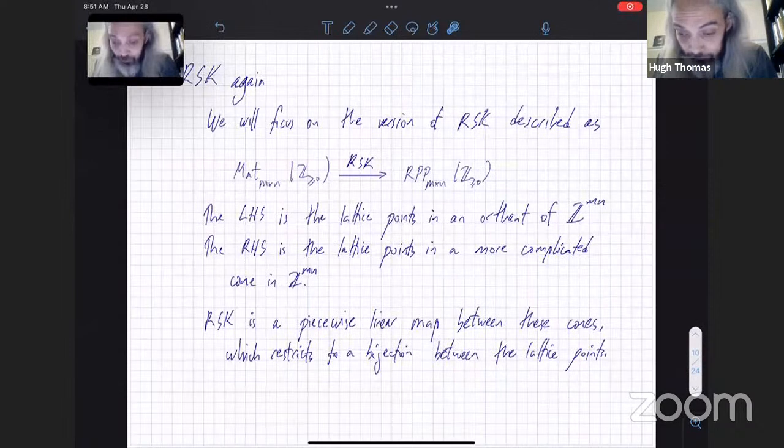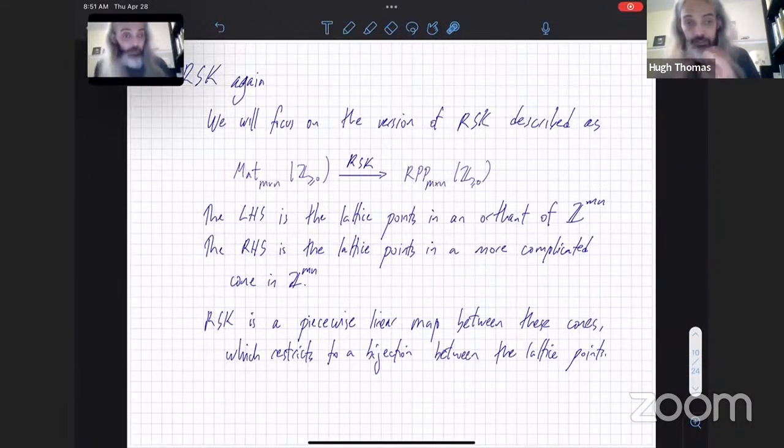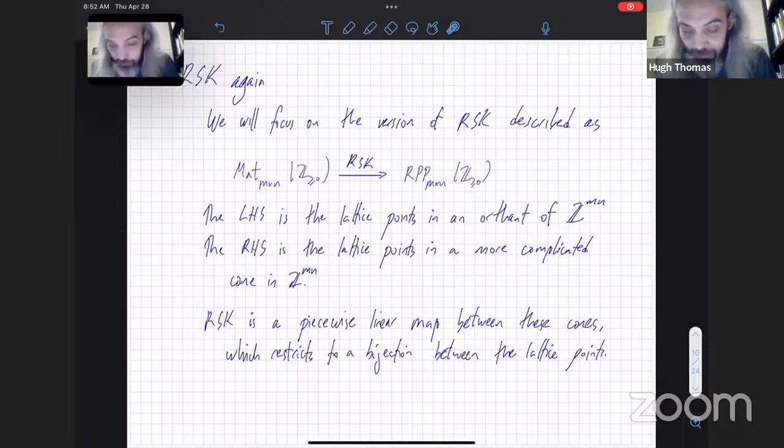On the right-hand side, it's also the lattice points in a cone. The cone is cut out by the inequalities that define a reverse plane partition. So it's a more complicated cone. These various inequalities that define the property of being a reverse plane partition define some cone again in mn-dimensional space. And again, the lattice points in that cone are exactly what we are considering as the reverse plane partitions.